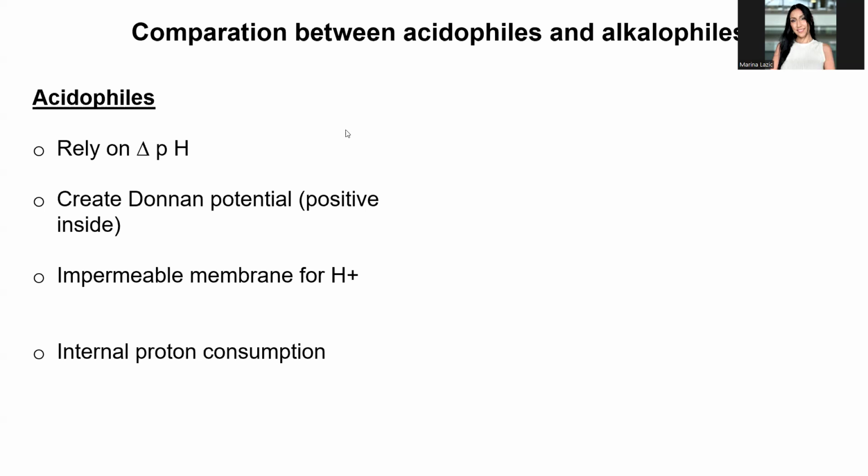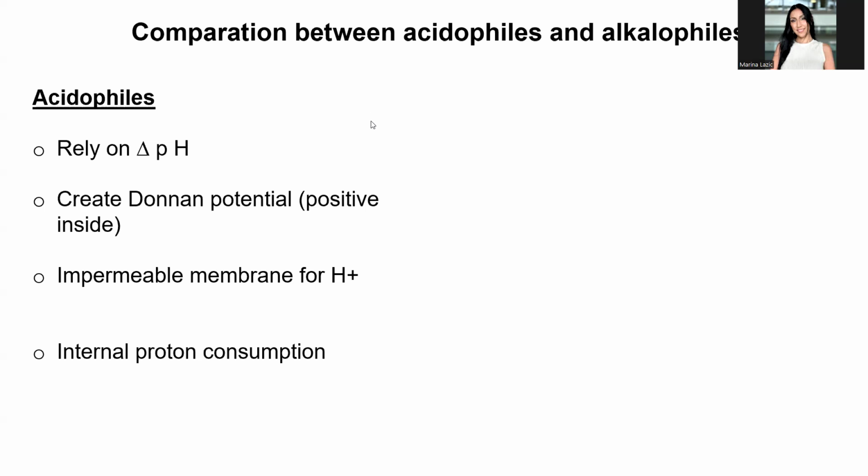Just briefly, a comparison between acidophiles and alkaliphiles. They are common in some areas, as they both rely on specific membrane and cytoplasmic components, but they rely on different components of proton motive force. Acidophiles will rely on delta pH, not delta psi, and they maintain donnan potential through importing potassium.